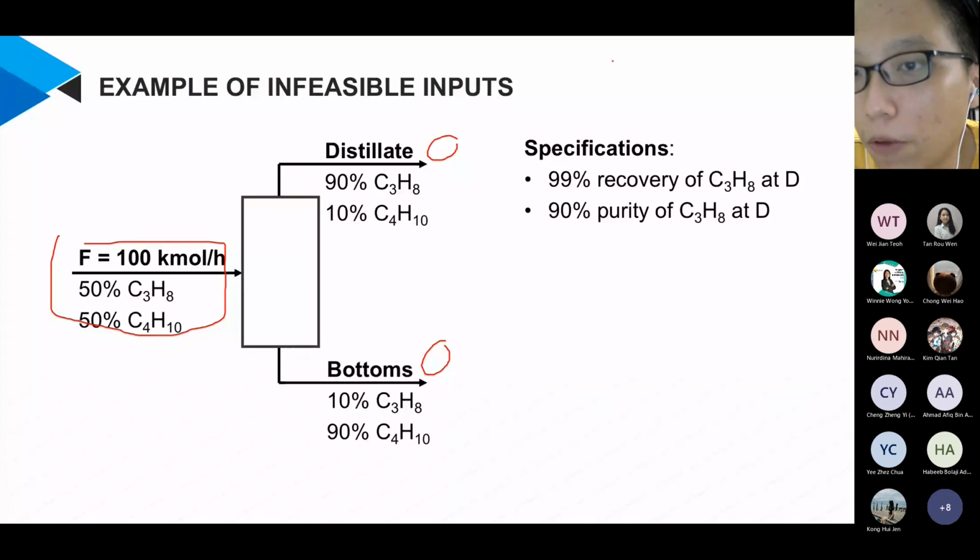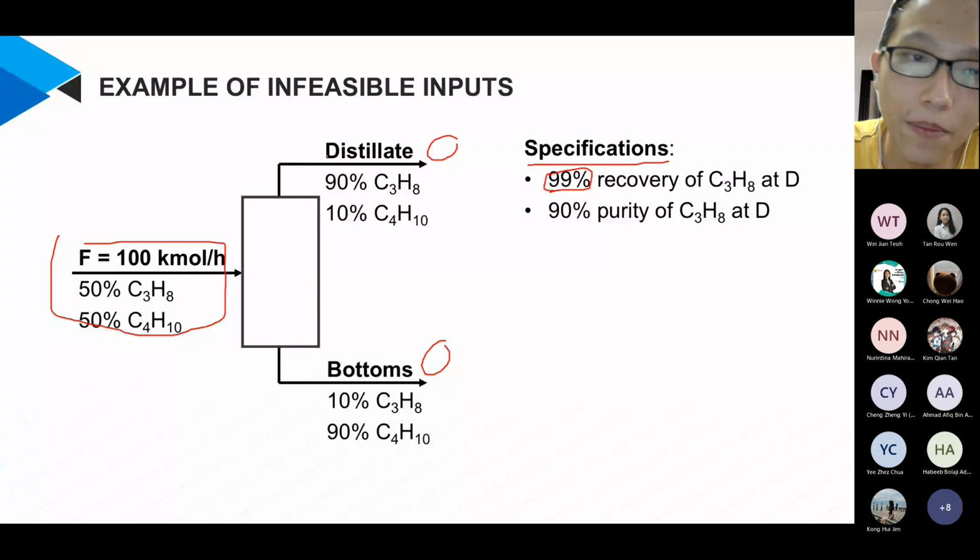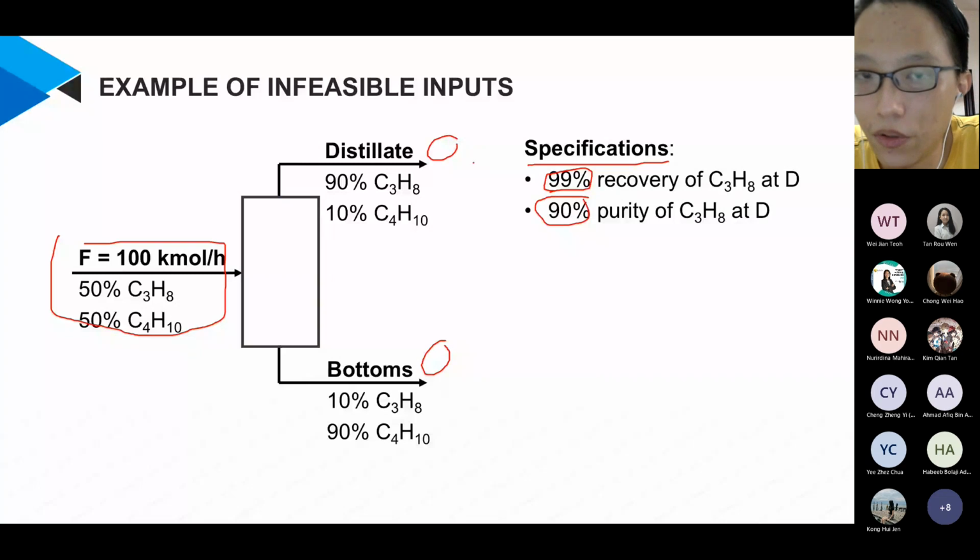The specification that I want is to have 99% recovery of propane at D, which is distillate. So I want 99% of the propane to come to the top. And 90% purity of propane at D. So I want the purity to be 90%, which is this one.